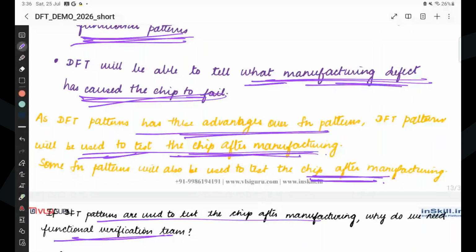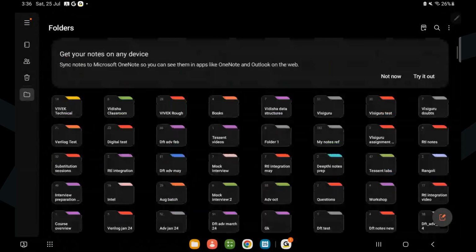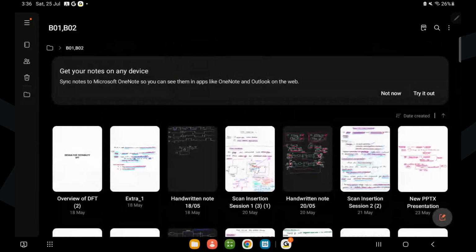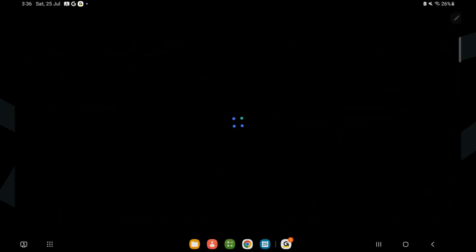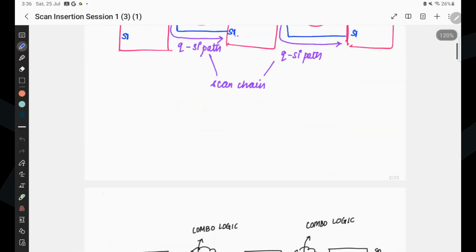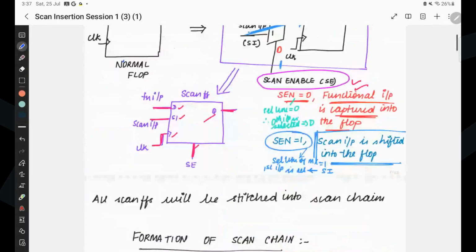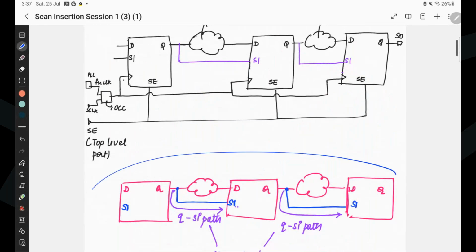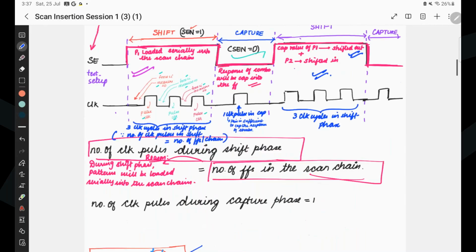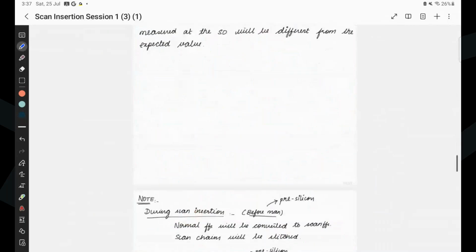So here in our regular course material, first we will be discussing all these points. We have to understand what a scan cell is, what a normal flop is, what a scan flop is, what a scan chain is, why we form a scan chain, and how the scan chain operates.